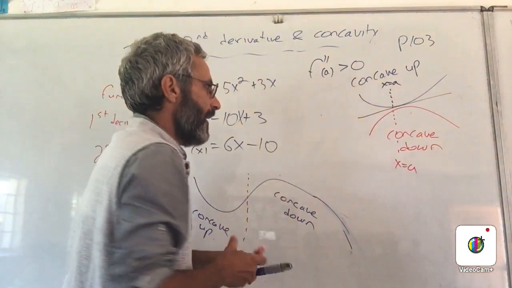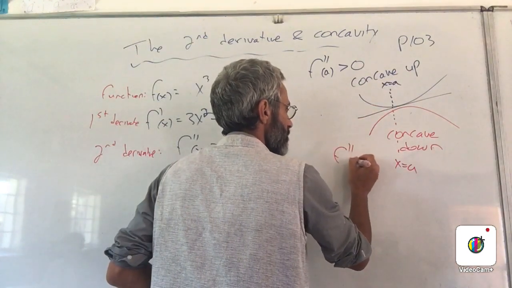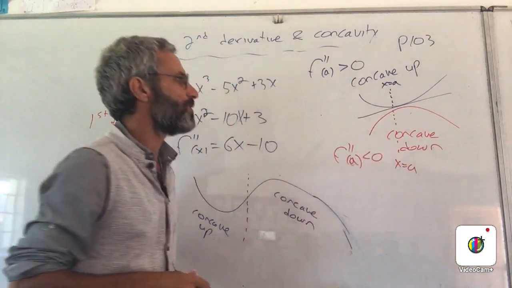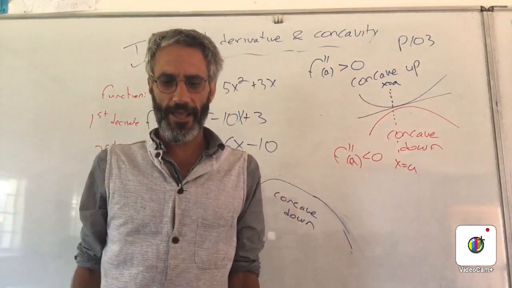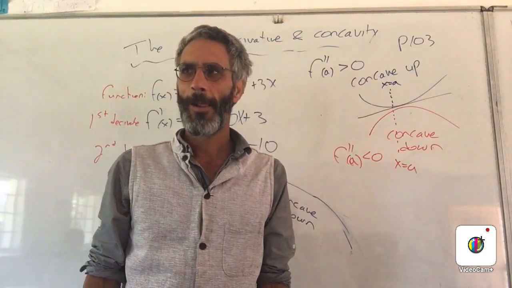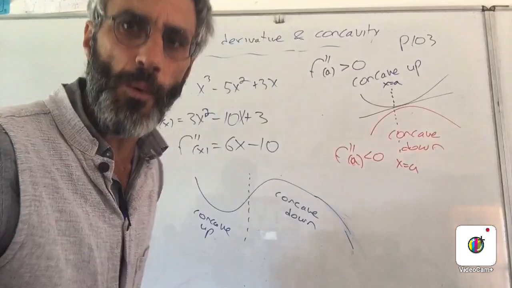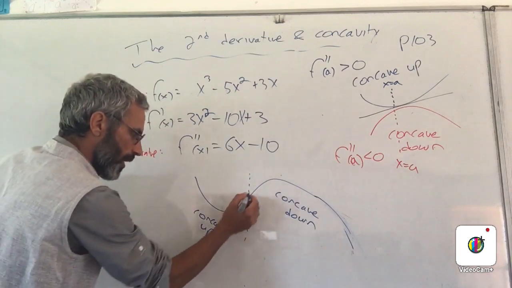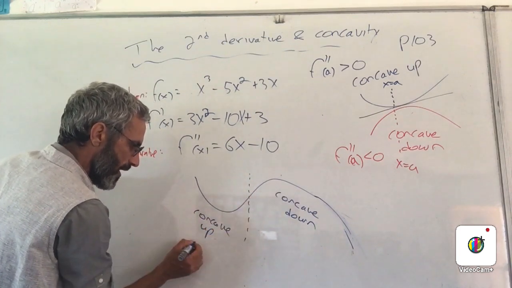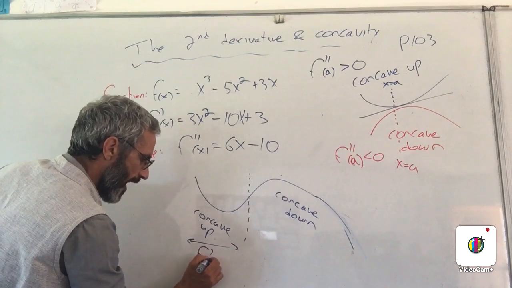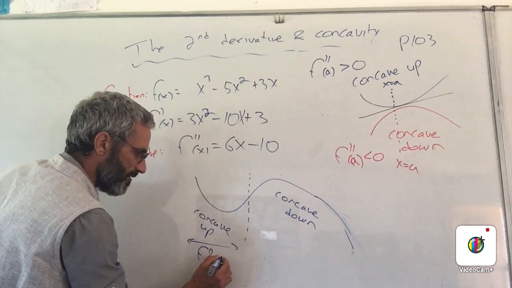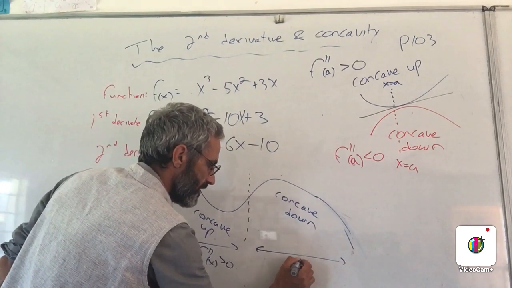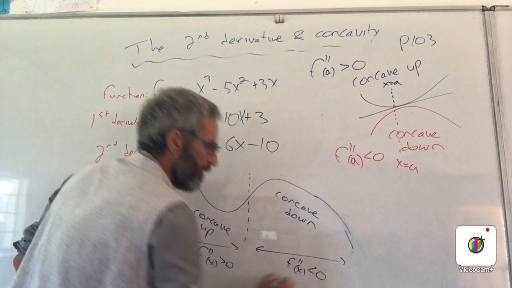If the second derivative at a specific point is smaller than 0, in other words, it's negative, then we know it's concave down. I'll just pause. We will do it with a specific equation, it will make more sense. But I'm just trying to convince you that anywhere here the second derivative is going to be larger than 0, and anywhere here the second derivative is going to be smaller than 0.